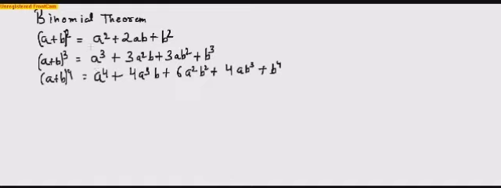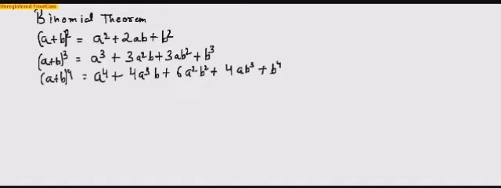Now if you see, there is a pattern to (a + b) whole square, (a + b) whole cube, (a + b) whole to the power 4. The pattern is that we have terms like a square, 2ab and b square, and we see that as we proceed forward, the power of a is decreasing while the power of b is increasing.